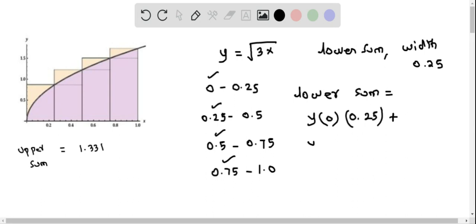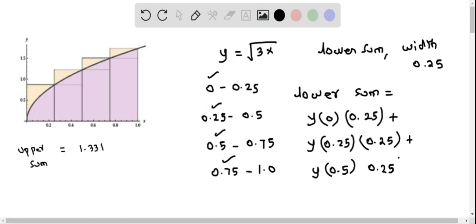0.25, plus the next interval, it is y of 0.25 times the width, which is 0.25, plus for the third rectangle it is y of 0.5 that gives the height of that rectangle times the width, which is 0.25, and for the fourth rectangle y of 0.75, this one is 0.75, gives the height times the width, which is 0.25.